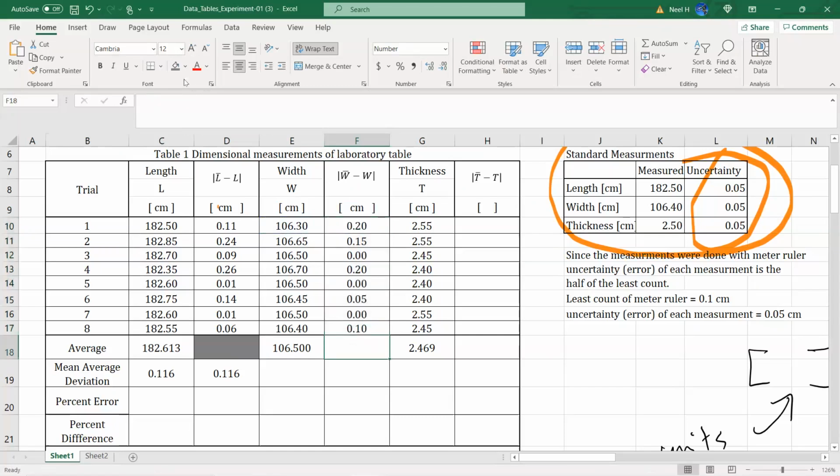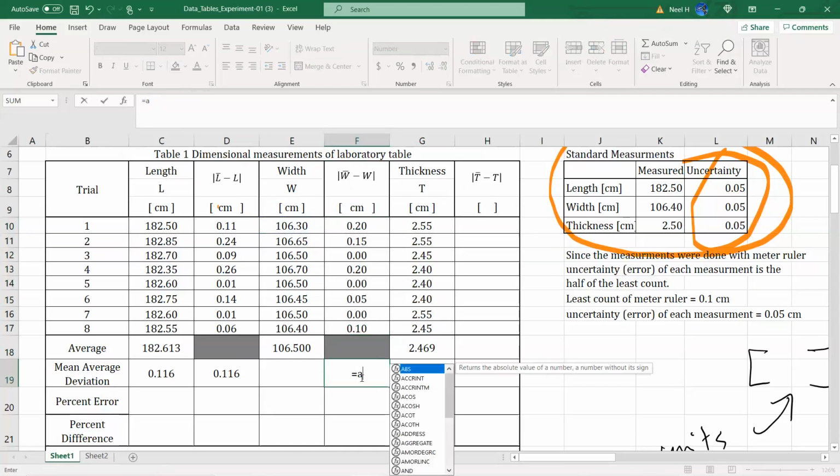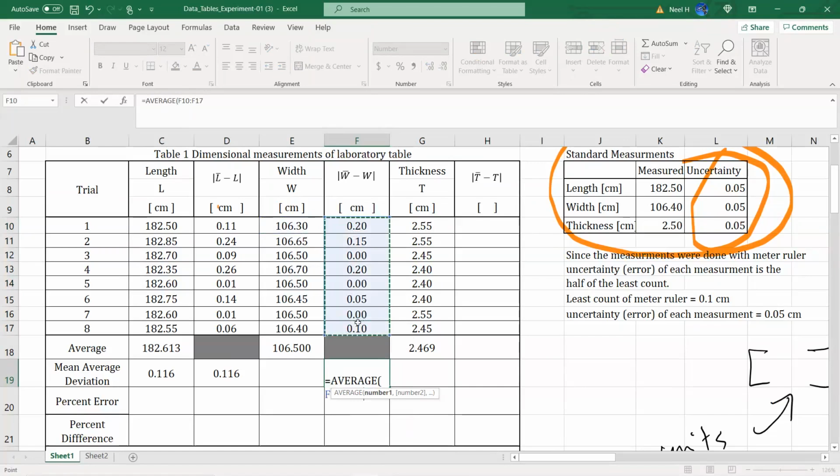Don't do any calculation on this cell, nothing to do there. Then do the average of that column. Then I will get the mean deviation for the width.